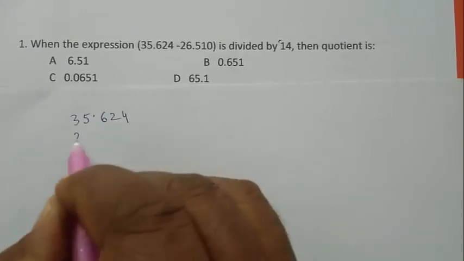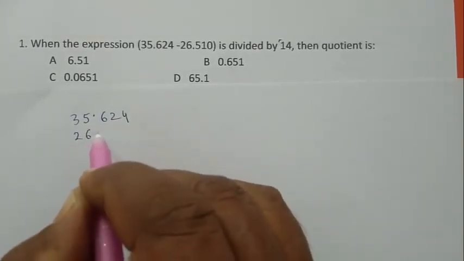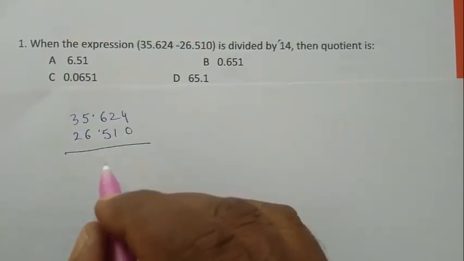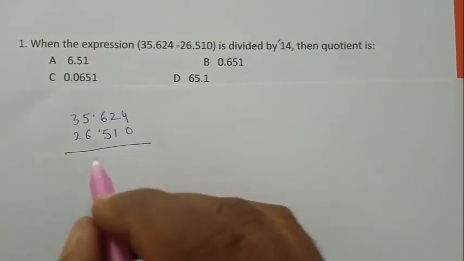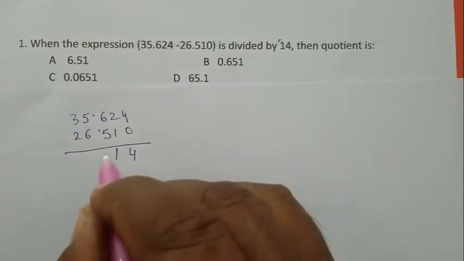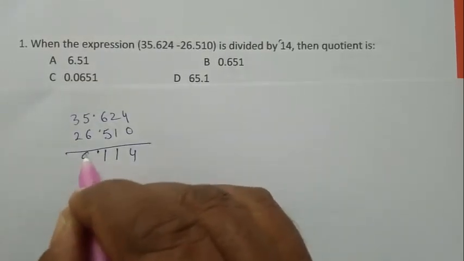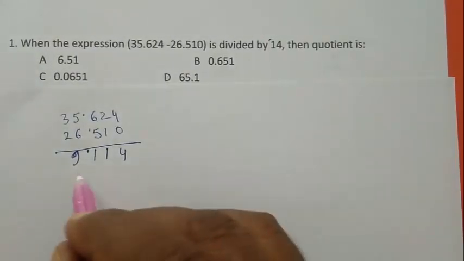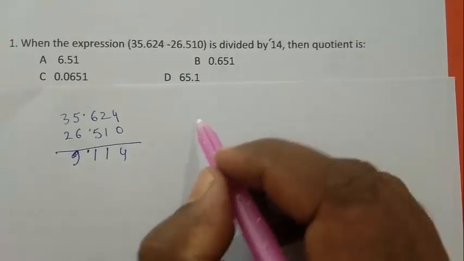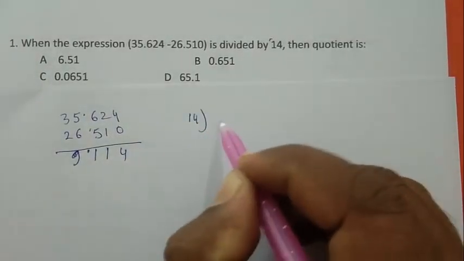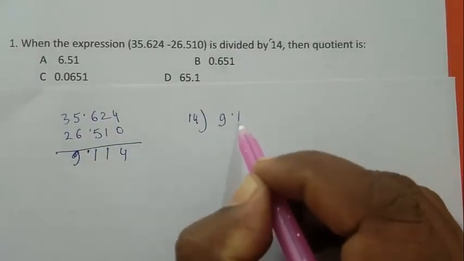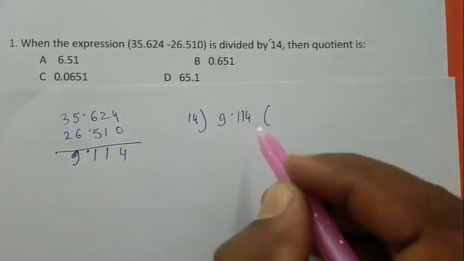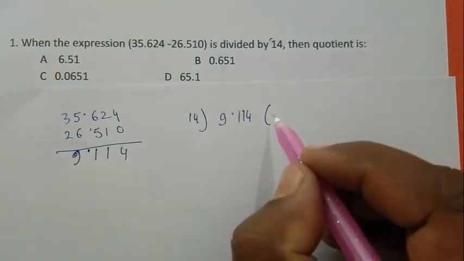So 35.624 minus 26.510, that is 9.114. After that I divide the number by 14.